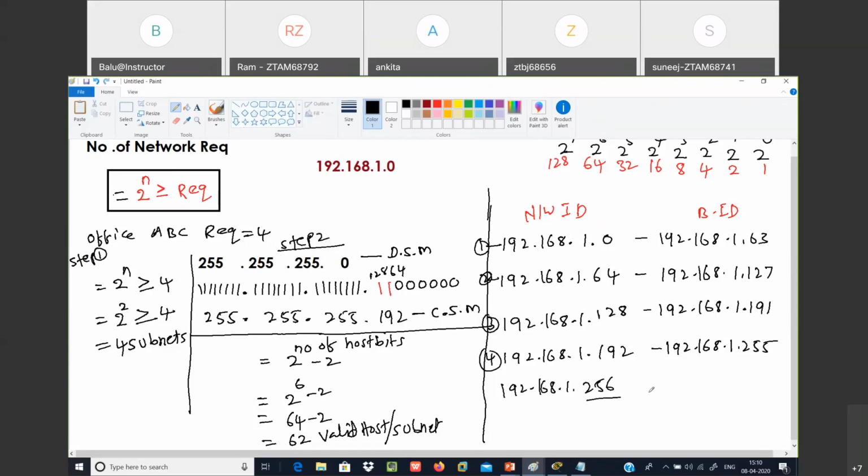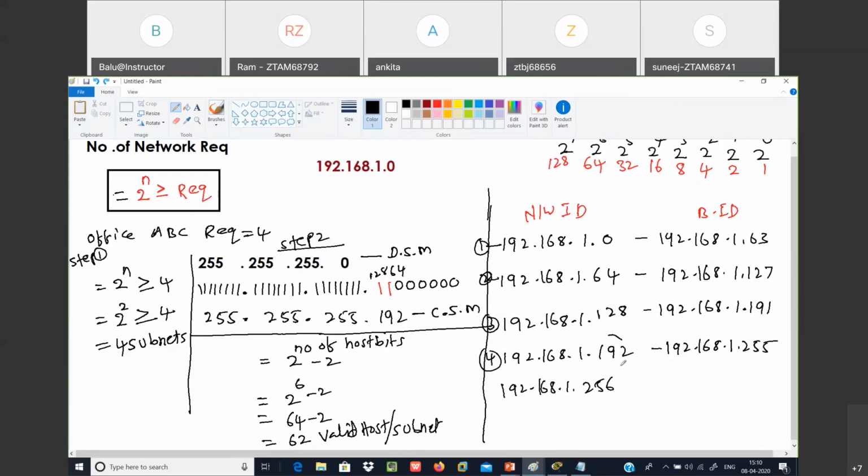So 256 is invalid, right? Stop here. Now how to write the broadcast ID: the previous IP address, meaning before the number 256, is 255. So I'm writing here 255.